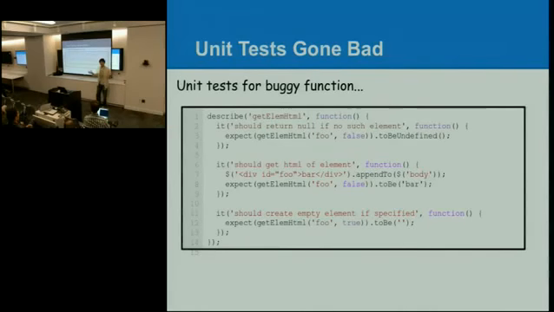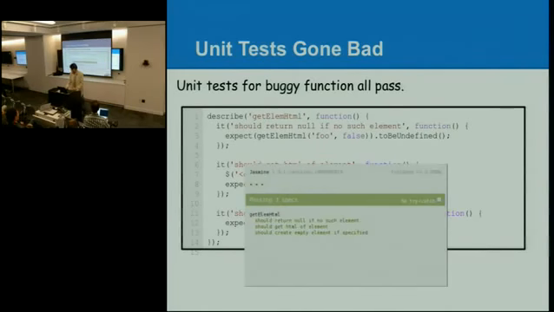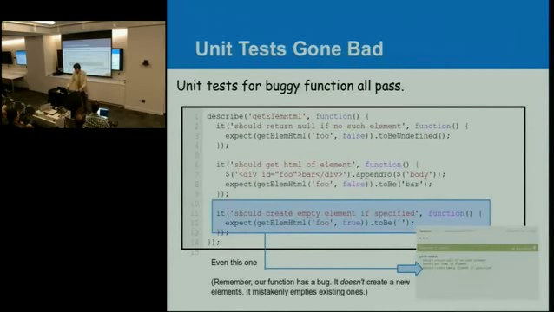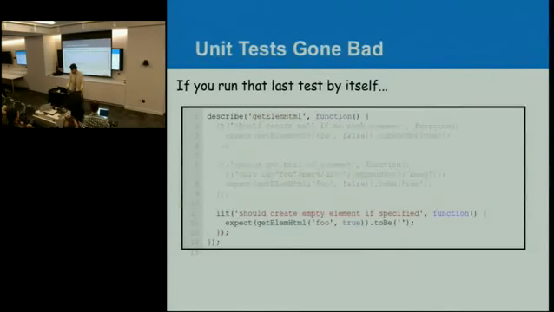Now, the programmer that wrote this arguably might not be aware of the fact that there's a bug, but all of us sitting here know that there is. That third unit test should fail. There is no functionality in our original function for creating a new element. All there is is blanking out an existing one. And yet, when we run these three unit tests, they pass. Even the last one, which is exercising functionality that our code doesn't actually have.